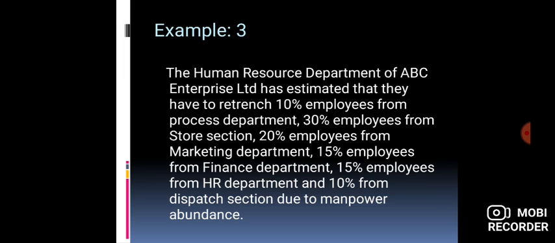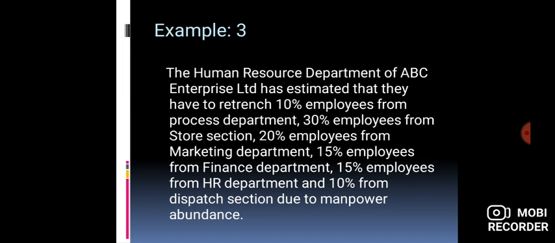Here, the Human Resource Department of ABC Enterprise Limited has estimated that they have to retrench 10% employees from process department, 30% employees from store section, 20% employees from marketing department, 15% employees from finance department, 15% employees from HR department, and 10% from dispatch section due to manpower abundance.